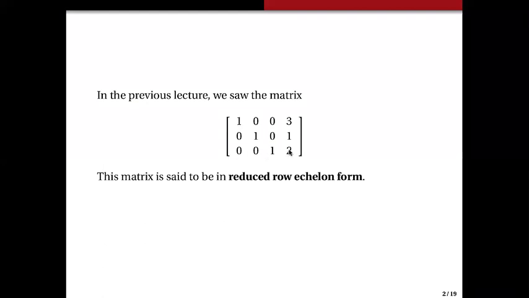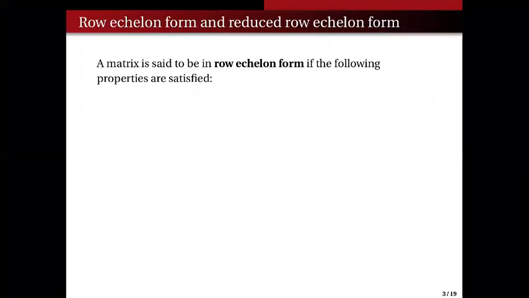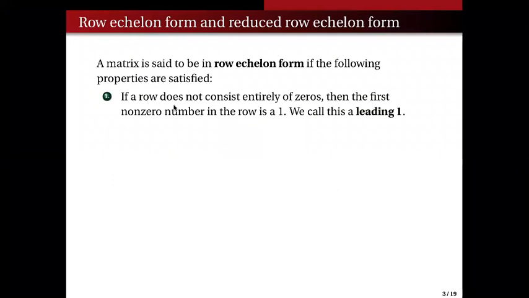In the third row, again, this does not consist entirely of zeros. This is 0, this is 0, this is the first non-zero number, and it is equal to 1. So if a row does not consist entirely of zeros, then the first non-zero number in the row is a 1. We call that a leading one.